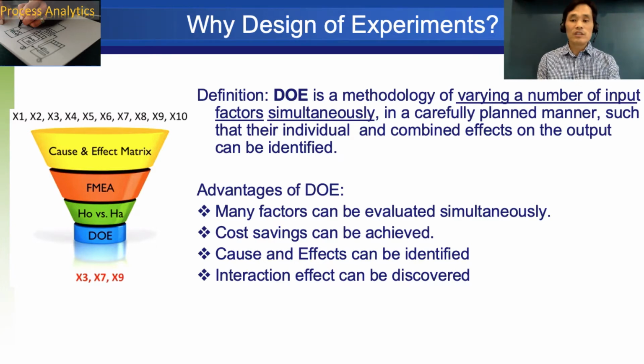Advantages of design of experiments are plenty. Many factors can be evaluated simultaneously, making the DOE process economical and less interruptive to normal operations. In-depth statistical knowledge is not always necessary to get a big benefit from standard planned experimentation.